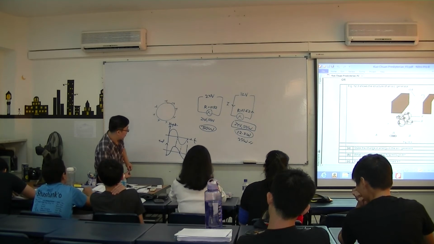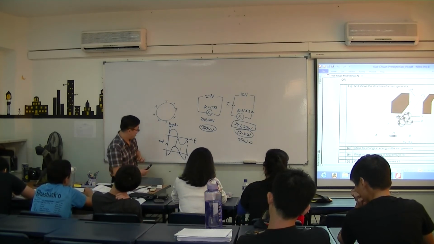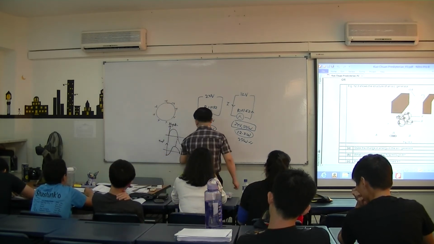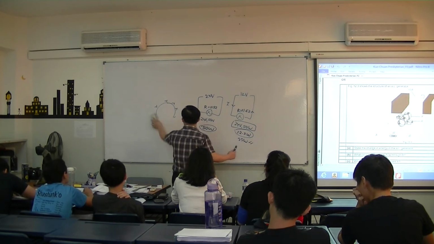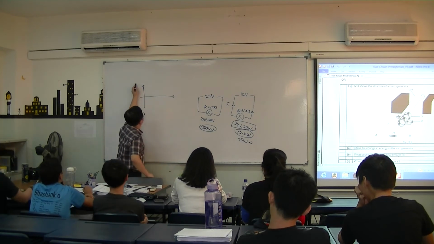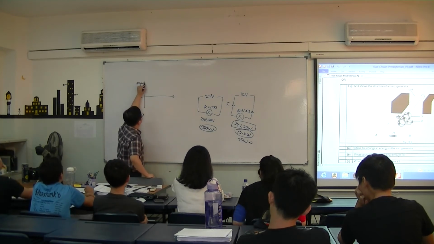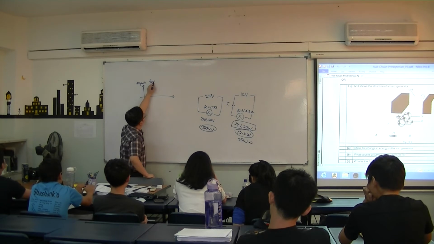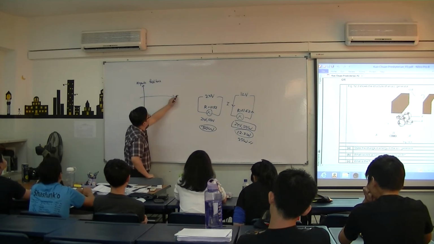Okay, I will draw properly later. Later you draw also blur blur. Okay, draw again. This one is magnetic field lines versus time.